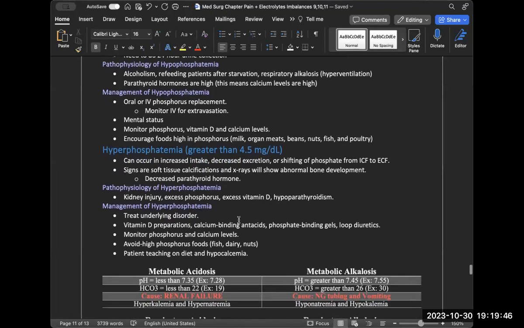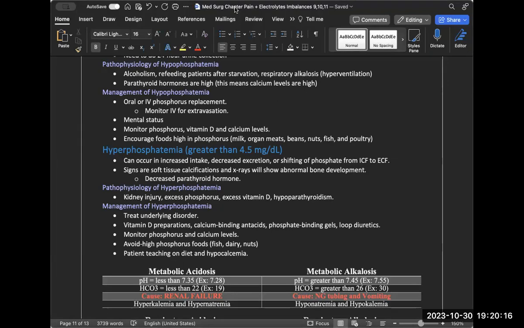Hyperphosphatemia relates to hypocalcemia, which also relates to hypoparathyroidism. So a phosphate level greater than 4.5, or a high phosphorus level, means that we have a low calcium level and we have hypoparathyroidism, which also means that the symptoms of hypocalcemia, or CATS GO NUMB, are the signs and symptoms for phosphorus.